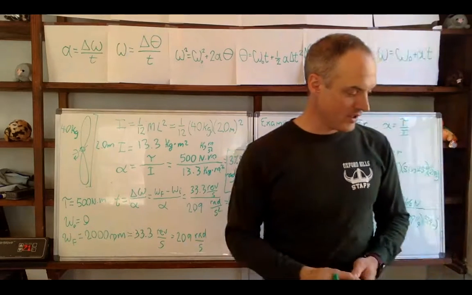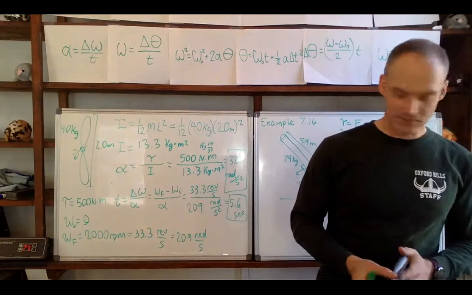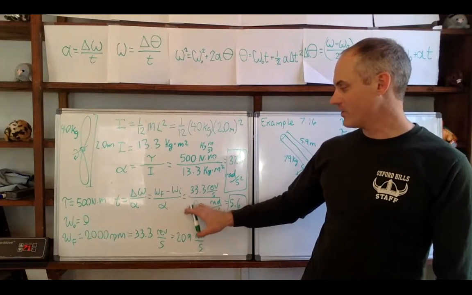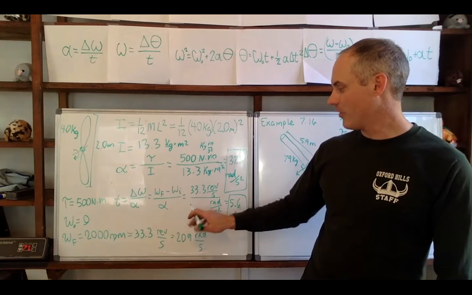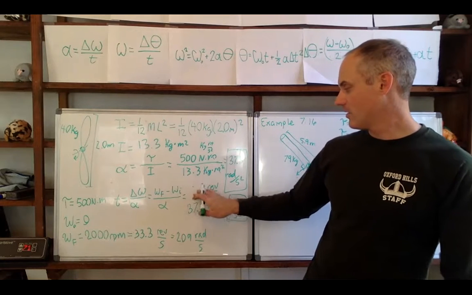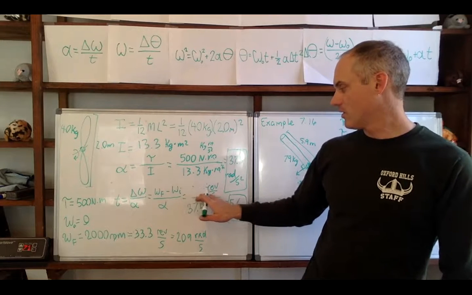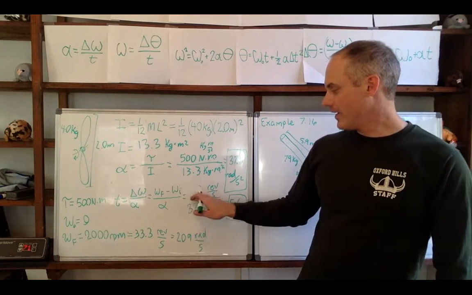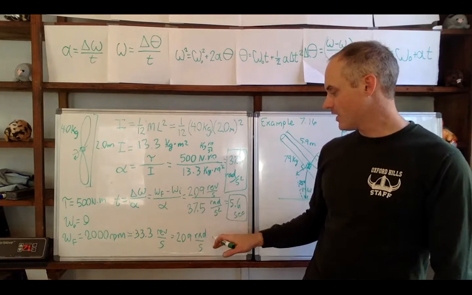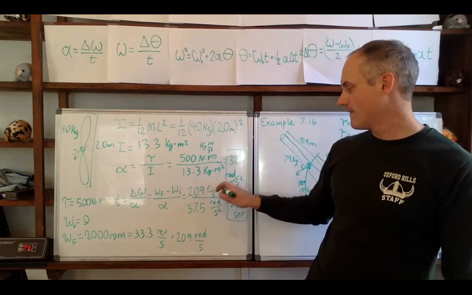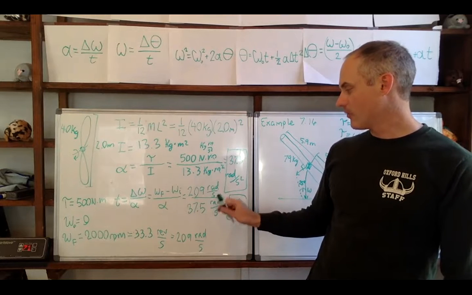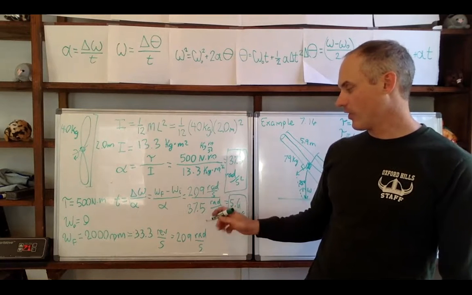Okay, so that's the numerator. Oh my gosh. All right, we'll get this right. 37.5, 209. All right, radians cancel out, that's why it wasn't working before.